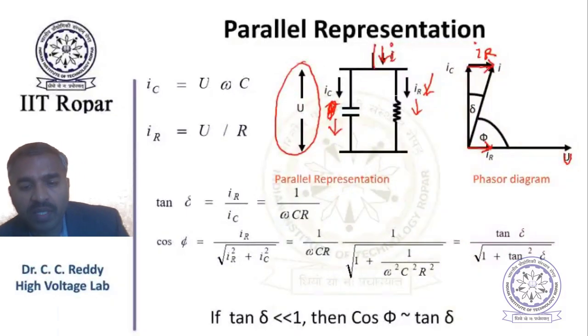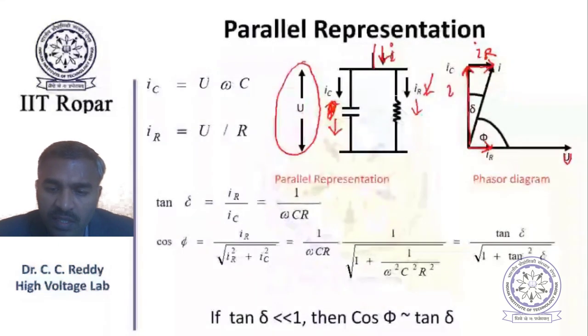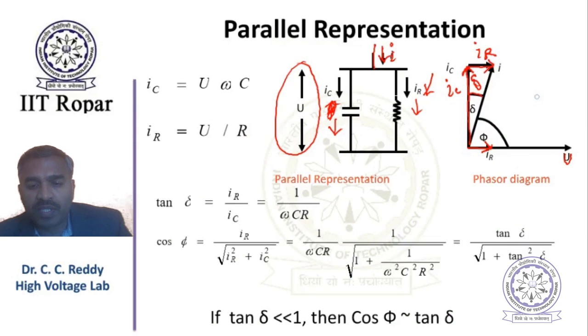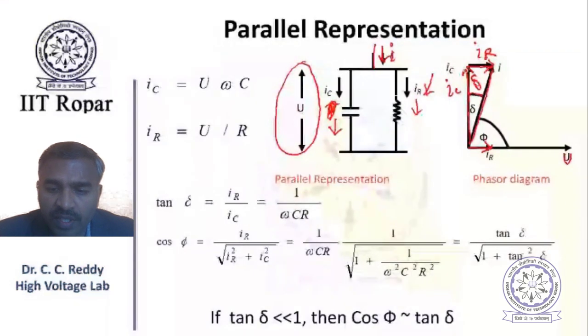The capacitive current will be 90 degrees leading, so this is the capacitive current IC. Then this angle delta is the angle between the total current I and the capacitive current IC.